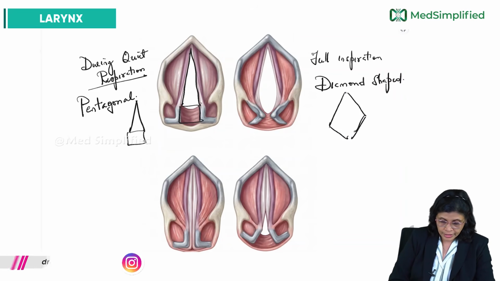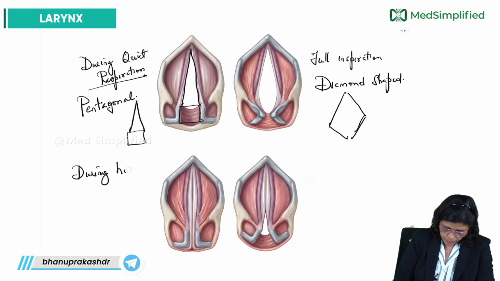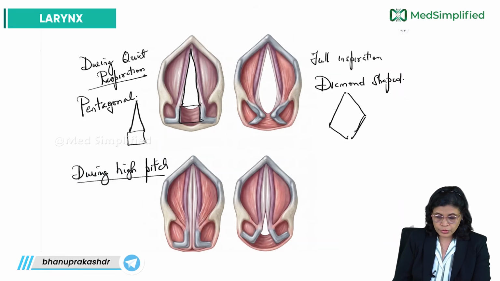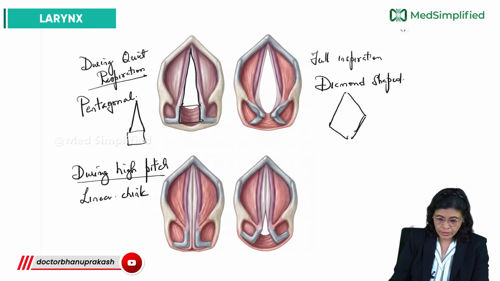Then during a high pitched voice, it becomes a very linear chink because both the intermembranous as well as the intercartilaginous parts are adducted.